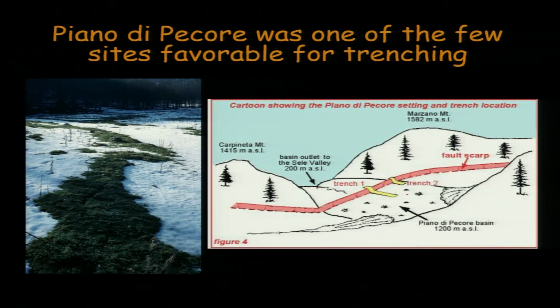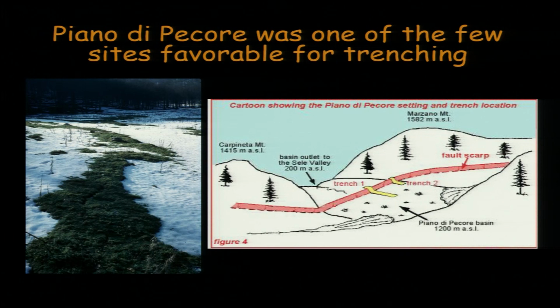So, they observed a sort of ponding condition here, and a ponding condition will result in the formation of humus-rich soil. That was one of the points they took into consideration, that if a similar event had occurred in the past, similar activity would have occurred: blocking of the channel during an earthquake and then further erosion and dissection of the scarp. So, Piano di Pecore was one of the few sites favorable for trenching.